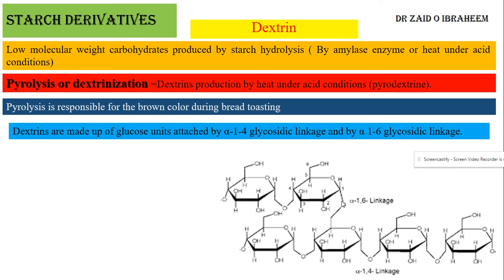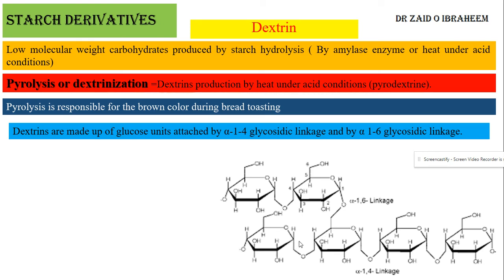The anomeric carbon atom of this glucose forms a bond with carbon number 6, and the alpha 1-6 glycosidic linkage, as we said before, is the side bond for the polymer. Also, in starch or dextrins, the glucose molecules within the dextrin are attached together by alpha 1-4 glycosidic linkage.